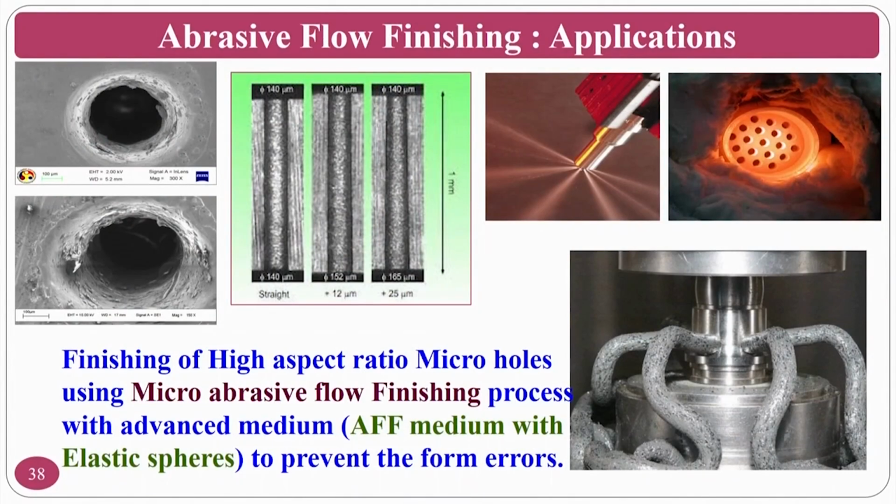So, this is what I am talking about, the recast layer. This is a laser beam machined surface. You can see the recast layer. In laser beam machining, melting and evaporation are normal phenomena.